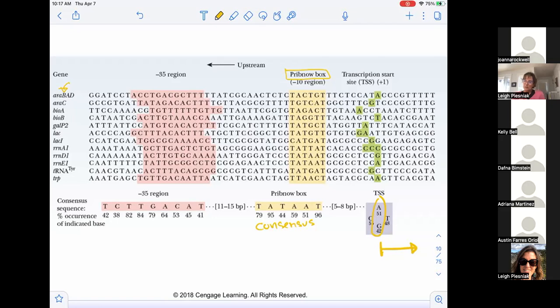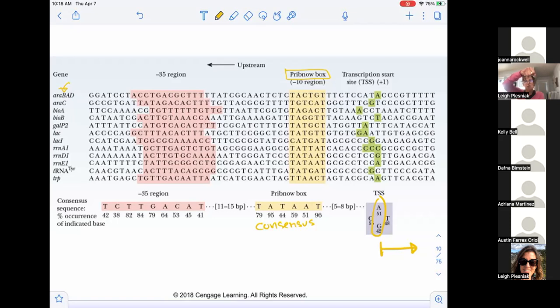But GC base pairs have, so this is the DNA, it's double-stranded, and there's only 2 hydrogen bonds between the A's and the T's. In order to transcribe the DNA, the duplex needs to be separated.